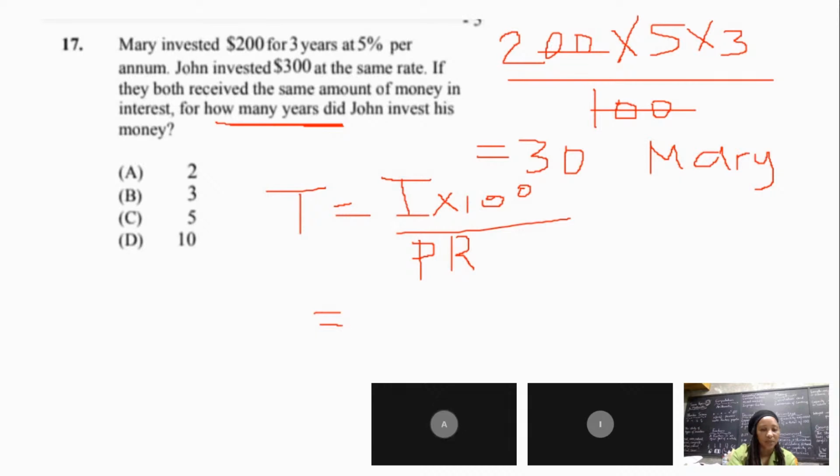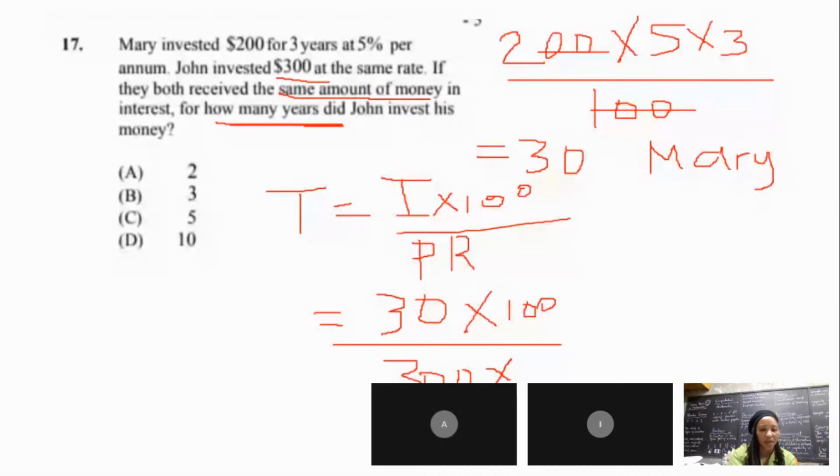So the interest is what? The interest is 30, the same as Mary, since it says the same amount of money in interest, times 100. The principal for John is $300, and the rate for John is 5%, the same.